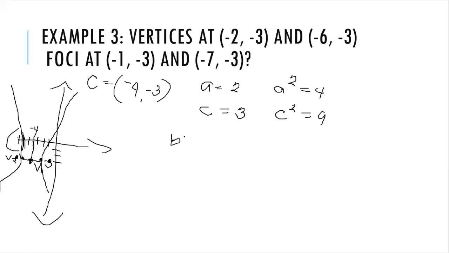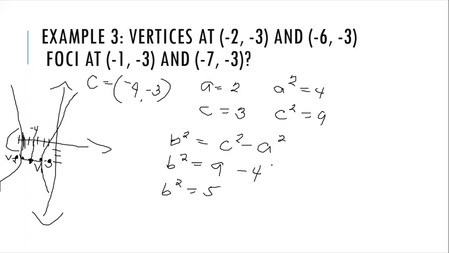So to get the value of b squared, or the co-vertices, b squared is equal to c squared minus a squared. Our c squared is 9 minus our a squared is 4, meaning our b squared is 5.